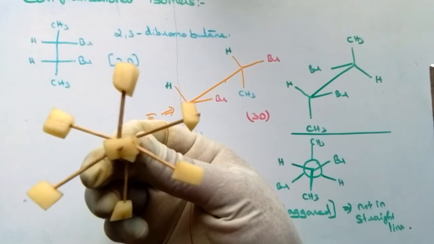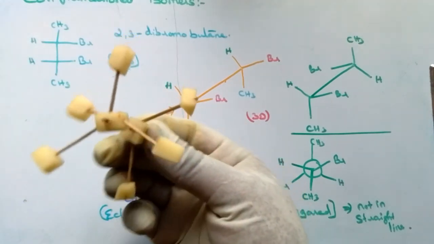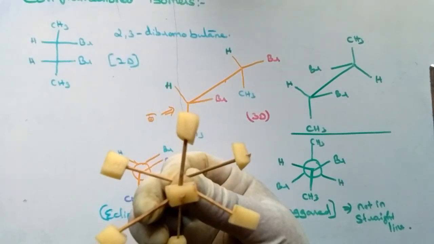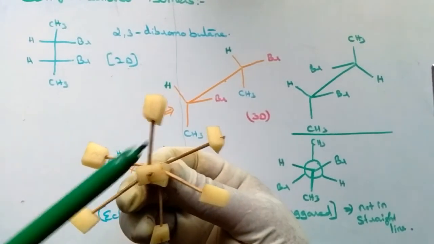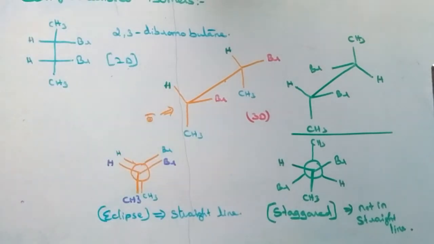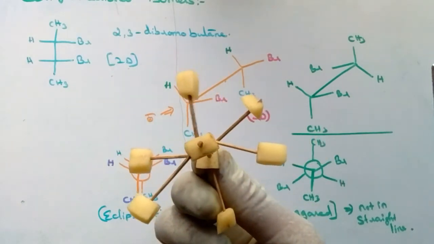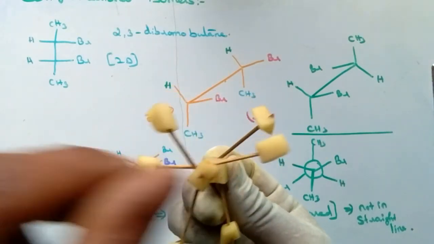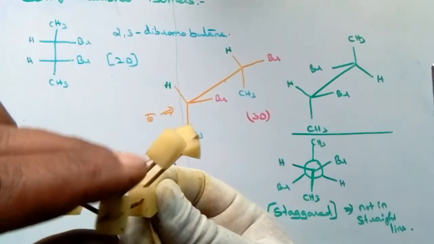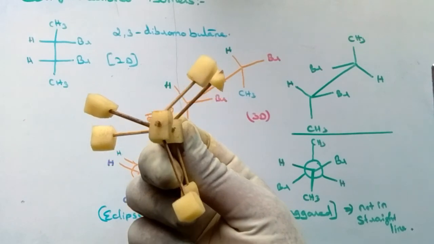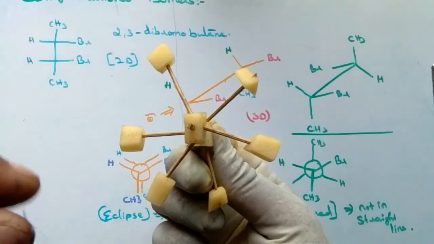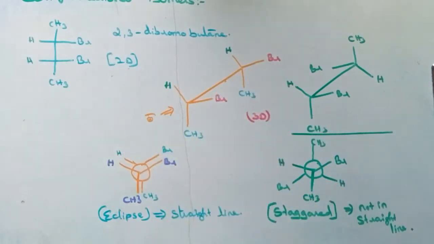See, the front groups are unchanged in their positions, but in the rear the groups are changed. So here also we cannot see the bond between those two carbons and the groups are not in a straight line. So these are the two types of conformational isomers which can be interconverted only by rotations like this. That's why they are called conformational isomers.